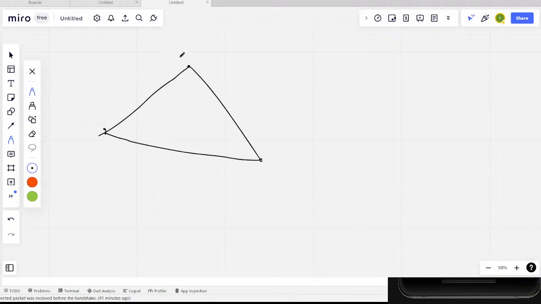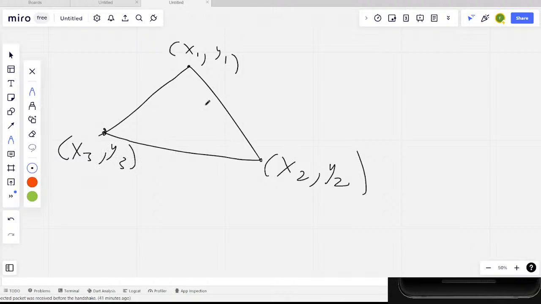So this one I will call the coordinate x1, y1, here I will call the coordinate x2, y2, and here the coordinate I will name x3, y3. Okay, so to find the distance between these 2 points is the length of this side.